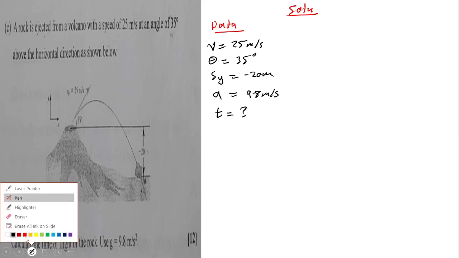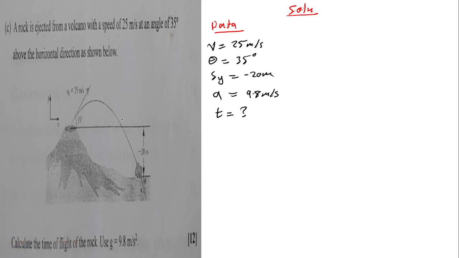To look for time, we are going to use the y-axis. Calculate the time of flight of the rock, so the time it took to fly from this particular point up to there.